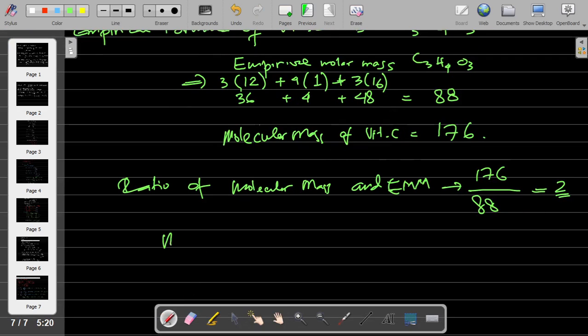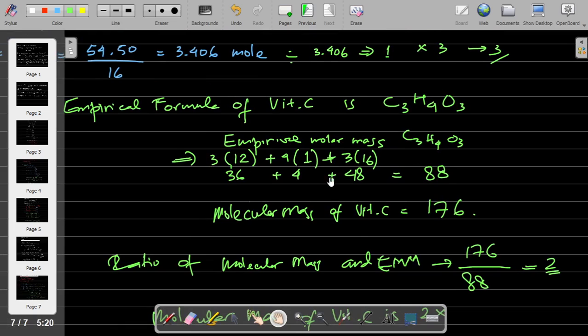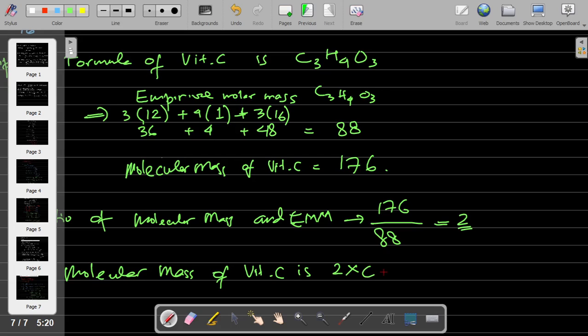So the molecular formula of vitamin C is 2 times C3H4O3, so the result will be C6H8O6.